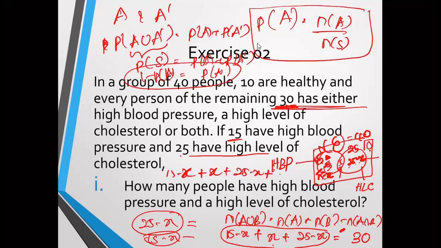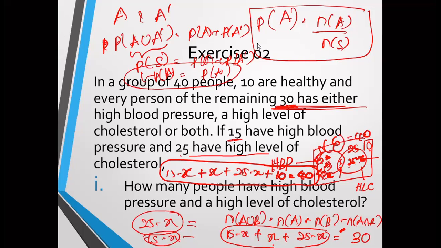There are 10 healthy people. That is equal to 40, all the people in that group. It's a group of 40 people. Therefore, you can write either the first one or the second one to find the value of X. Both are the same.